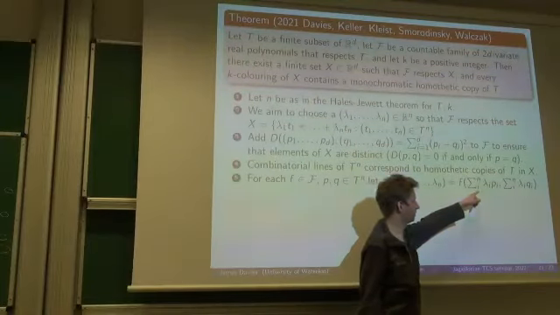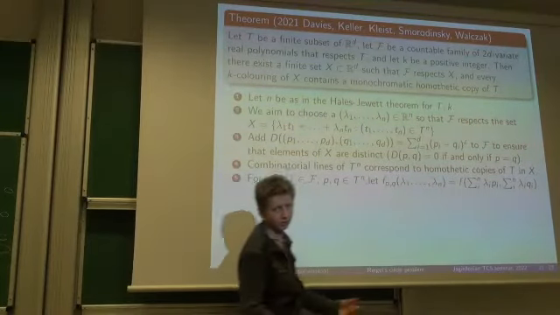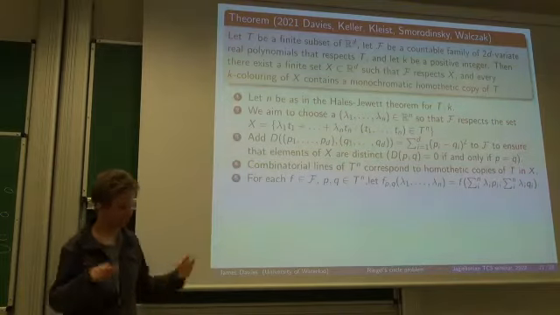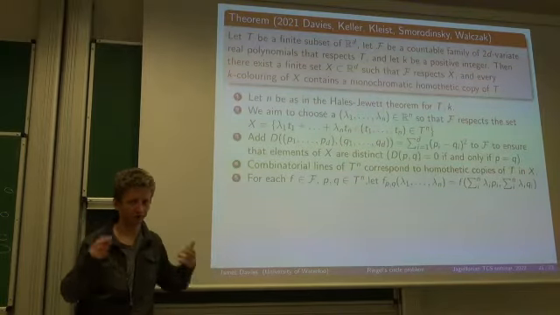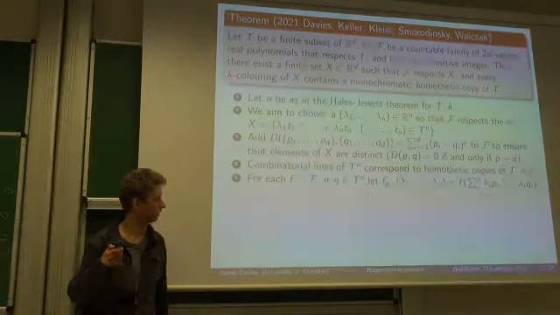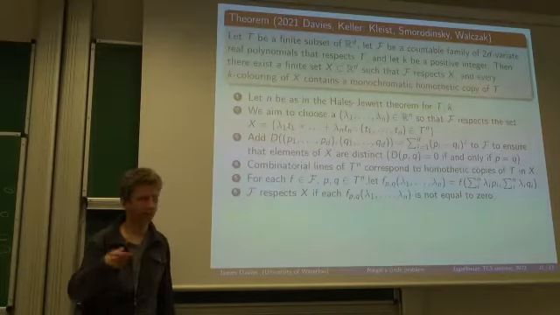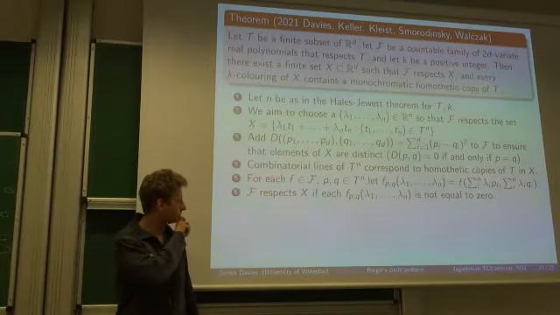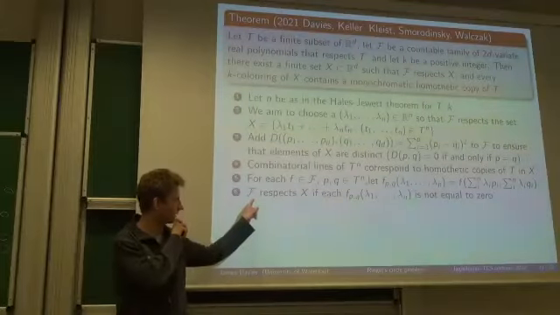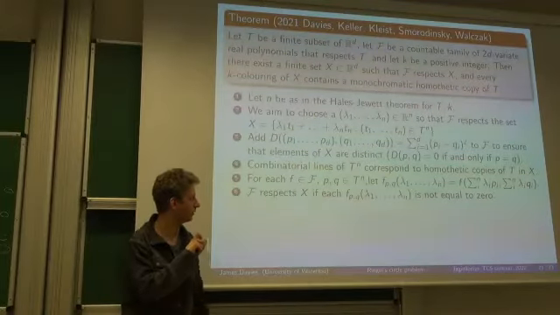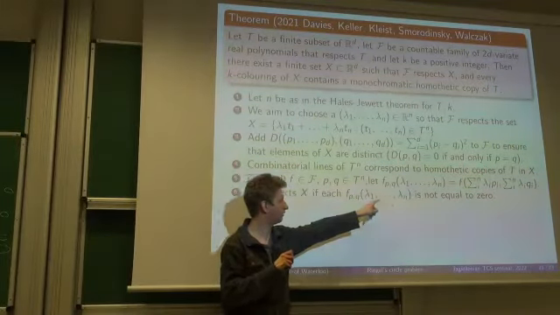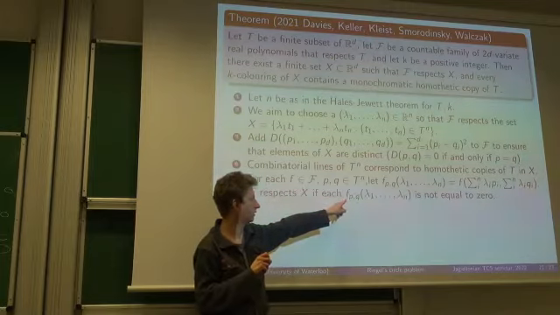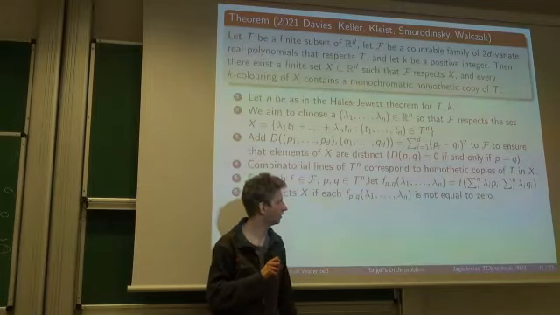This would just end up being 2 points in d-space. This is our respect thing, which we'll have to sort out. So the next bit is that a family of polynomials will respect f if we can choose lambda 1 to lambda n so that each of these F_PQs is not equal to 0.